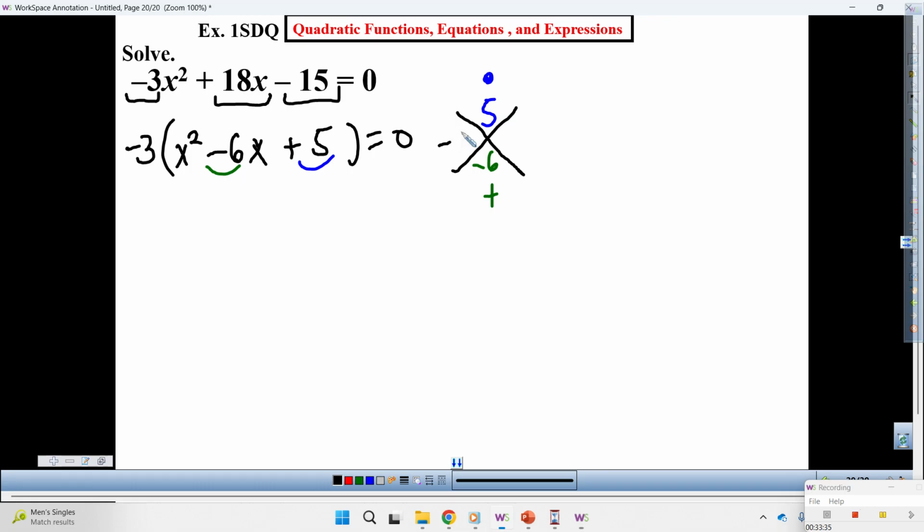Negative 1, negative 5, or negative 5, negative 1. Either one, okay? So, bring down the negative 3. And then inside the parentheses, we break up the x squared into x times x, and then we bring down the negative 5, the negative 1, and all that equal to 0.